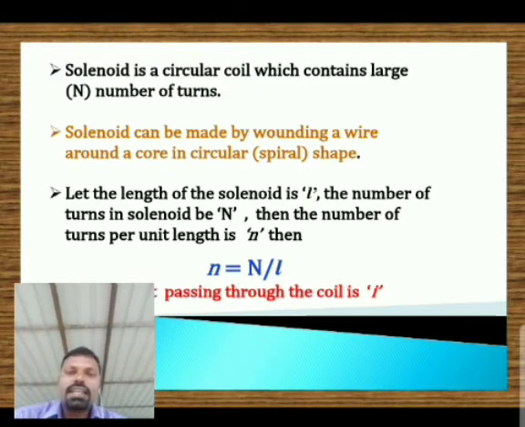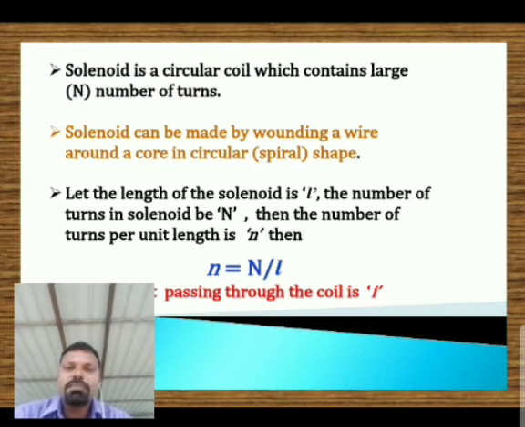Now see, what is a solenoid? Simply, a solenoid is a circular coil which contains a large number of turns.